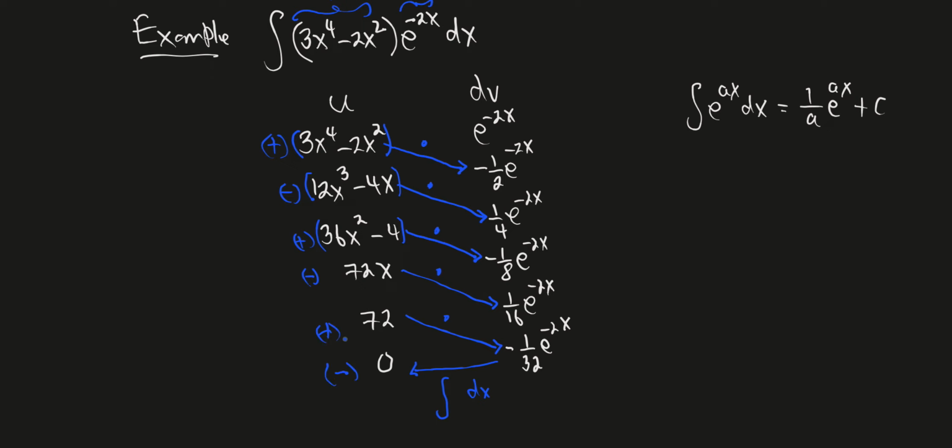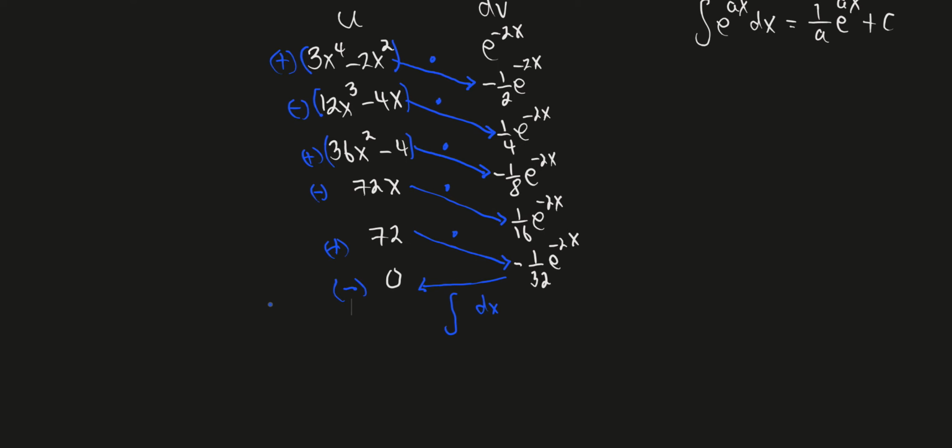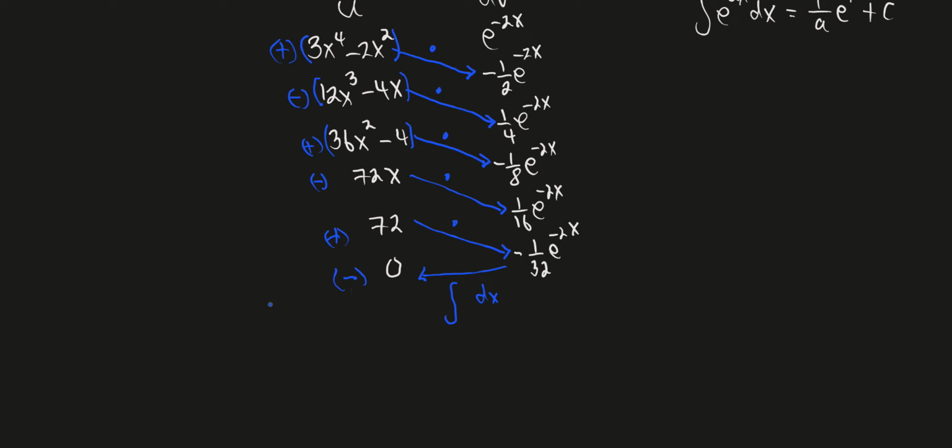So we have all the pieces. Let's write down this expression. Now, this is not going to be a pretty expression, but it's going to be the correct expression. Maybe I could fit it on one line. That would be interesting. So we have the antiderivative of 3x to the 4th minus 2x squared times e to the negative 2x dx. So it's going to be this positive term times this negative term.